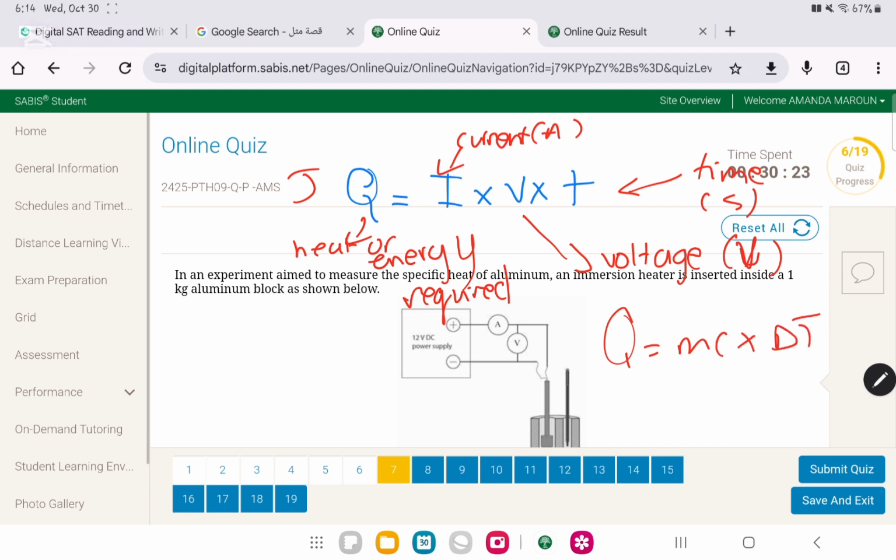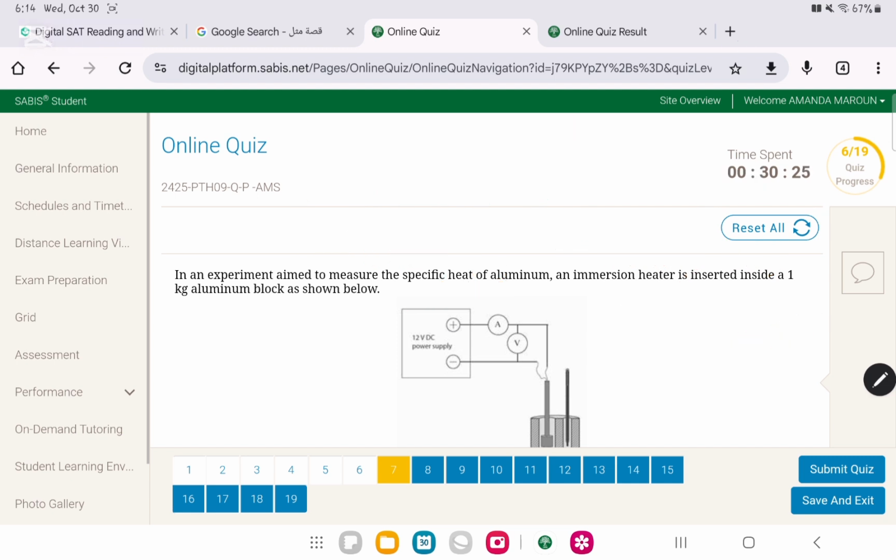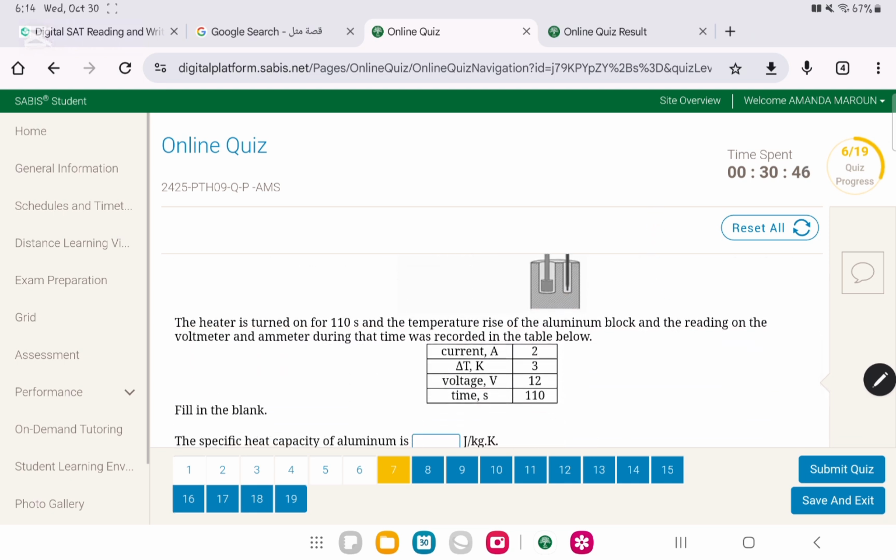Okay, let's start. In an experiment aimed to measure the specific heat of aluminium, an immersion heater is inserted inside a 1 kg aluminium block as shown below. We already have our mass, which is 1 kg. Then we have our time, which is 110 seconds.